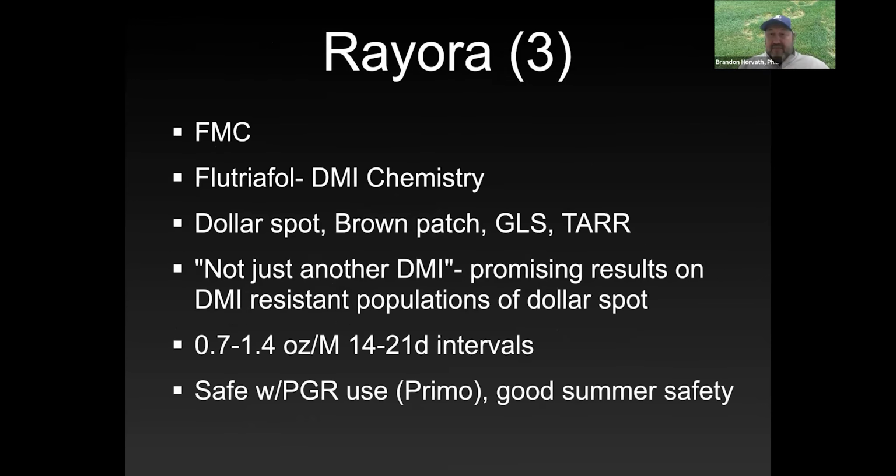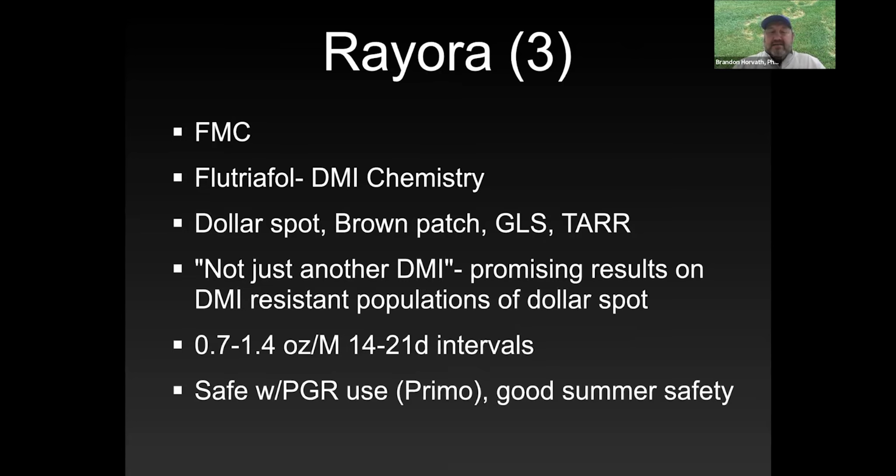And then from FMC, Rayora, another DMI fungicide, which also is going to give you really good dollar spot and brown patch control. The other thing that's kind of nice about the flutriafol that's in Rayora is the backbone of the molecule tends to be flexible. So there's some promising results that even though you might have resistance to some DMI fungicide chemistry, because of the flexibility of this molecule, it may be able to bind into that active site a little bit easier and retain some of that activity, even if you have a little bit of DMI resistance.